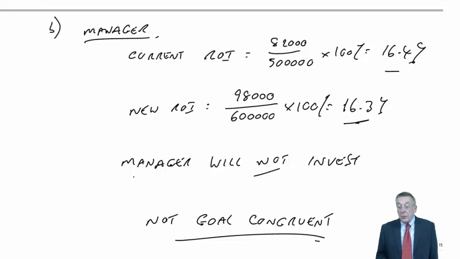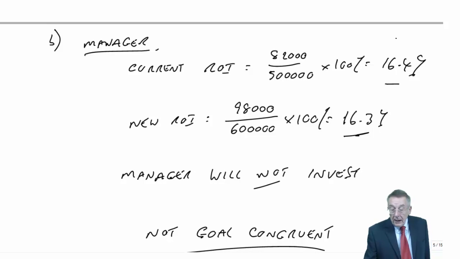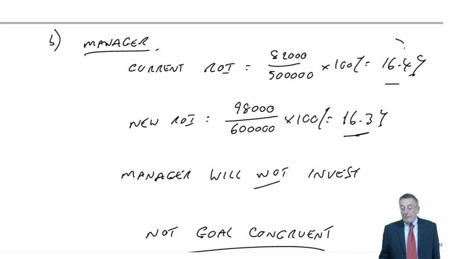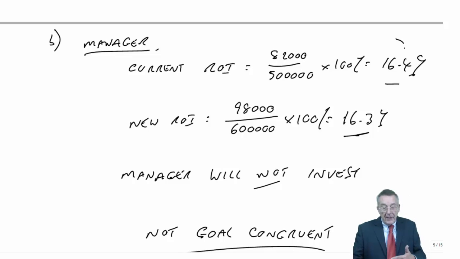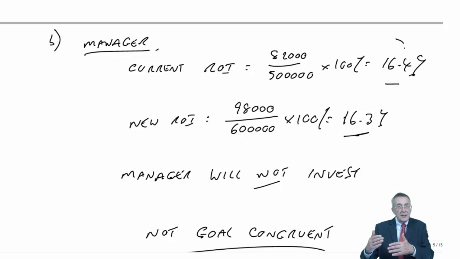And in fact, it can work both ways. You see here, because the division is currently earning more than target, which was 15, the manager is going to reject anything less than 16.4, even if it's still above the target of 15. You see my point?